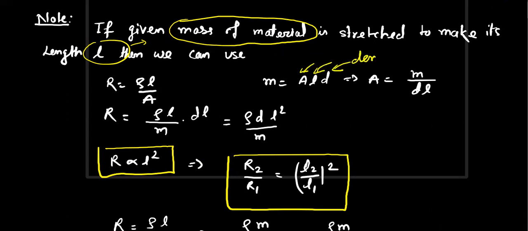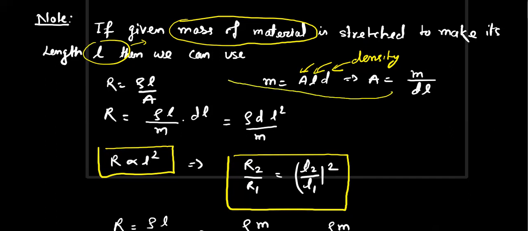From this expression we can easily find the expression for area, which is equal to mass by density times length.